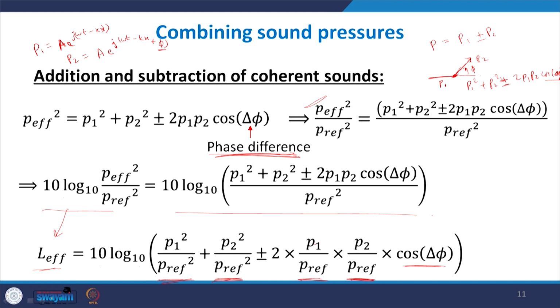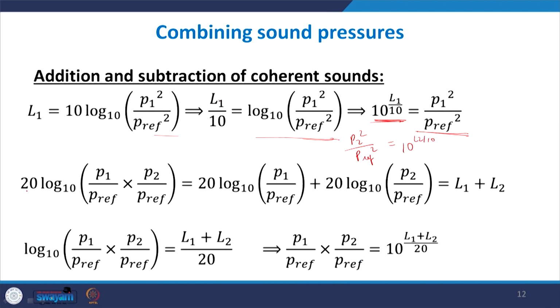Let us find the value for this. Now if we take 20 log 10 of this particular expression, then by the property of log, it can be written as 20 log 10 of P1 by P reference plus 20 log 10 of P2 by P reference. This is the level of sound 1, this is the level of sound 2.